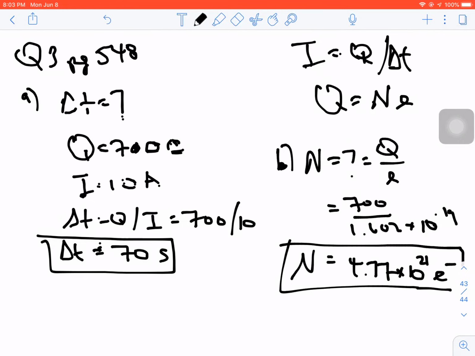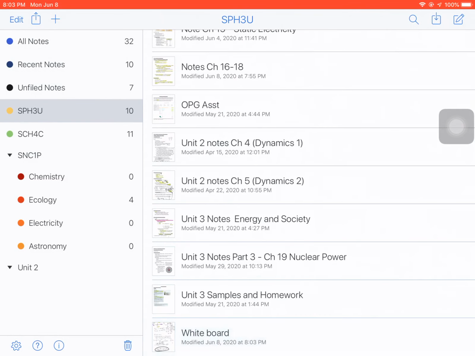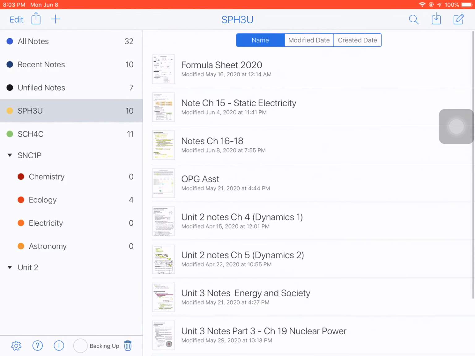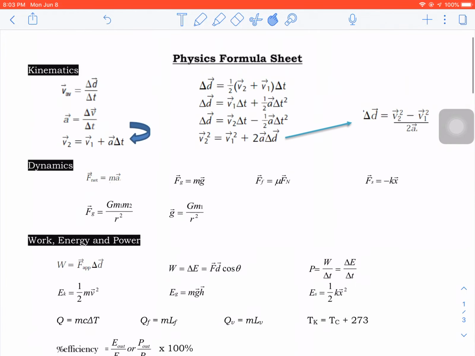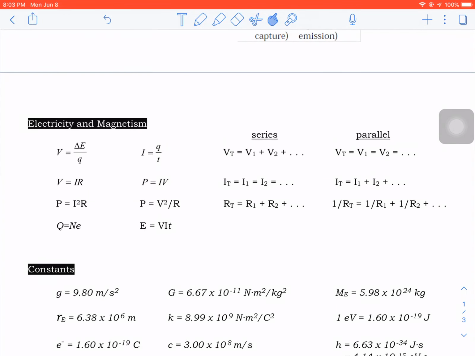Okay, so there's our first two formulas, and again, just try and keep them handy. If I pull up my formula sheet here, looking at electricity and magnetism, we've now used this one here: I equals Q over T. Current is quantity of charge divided by time.